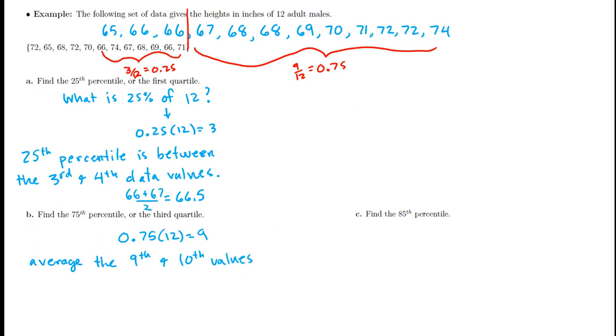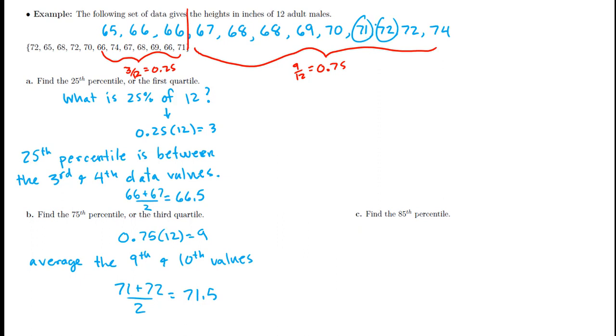The 9th and 10th values are 71 and 72. So 71 plus 72, we go partway between them, 71.5. Why are we going partway between?